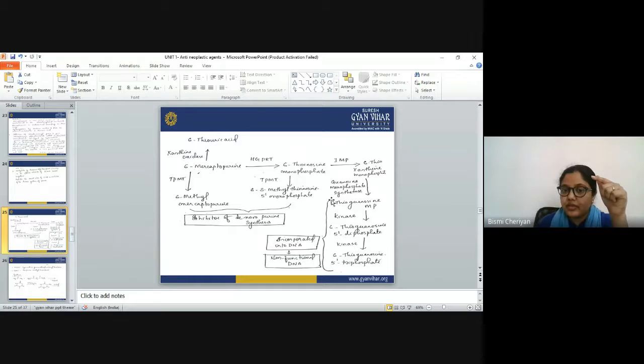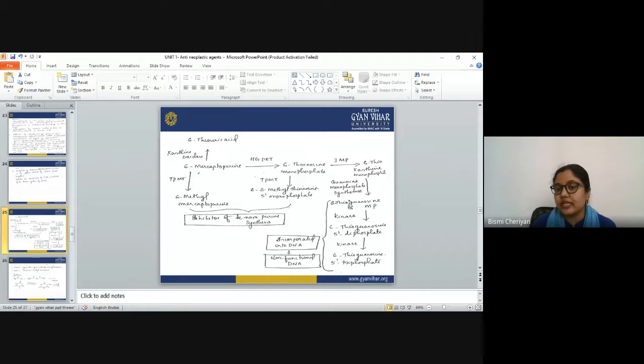So all these steps happen inside the DNA. This 6-thioxanthine monophosphate is incorporated into the guanine structure that is present in the DNA in the presence of the guanosine monophosphate synthetase enzyme, and that guanine structure is converted into the 6-thioguanosine monophosphate, and this is converted to 6-thioguanosine 5-triphosphate in the presence of the kinase enzyme.